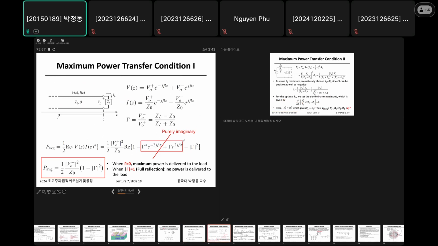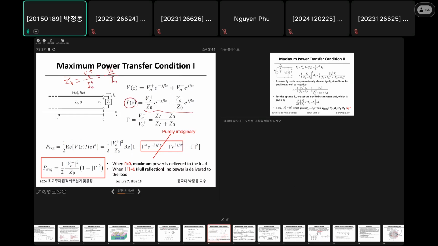Then from the definition of Γ0, defined by V0+ and V0-, and I0+ and I0-, for me to express current in terms of voltage, incident and reflected voltage can be given by this one.